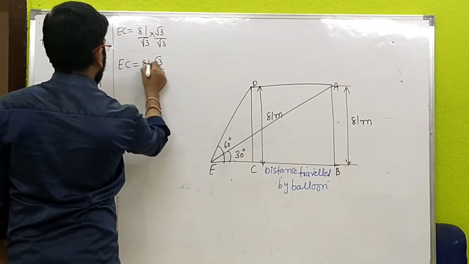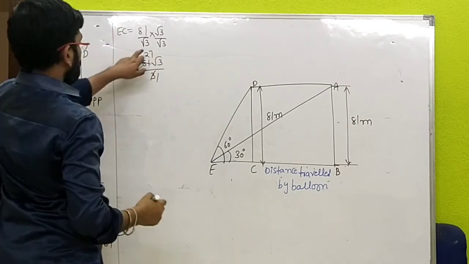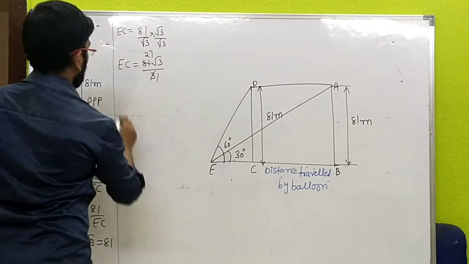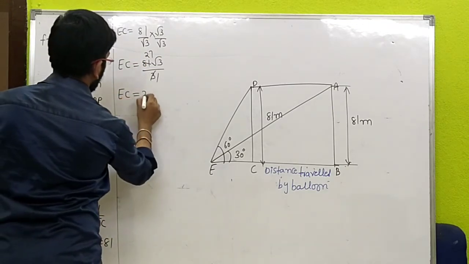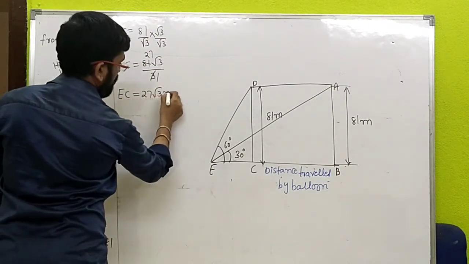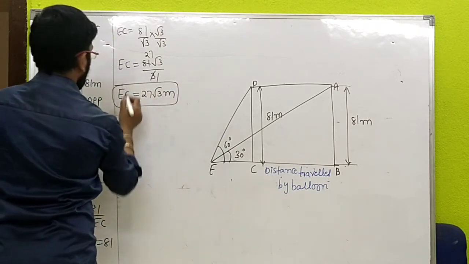3 ones are 3, 3 sevens are 21, so root 3 is 3. EC equals 27 root 3 meters. You got EC.